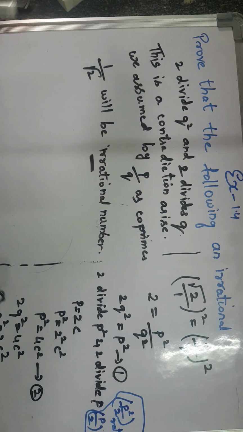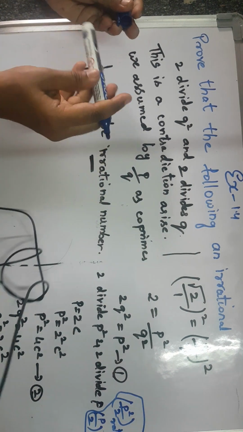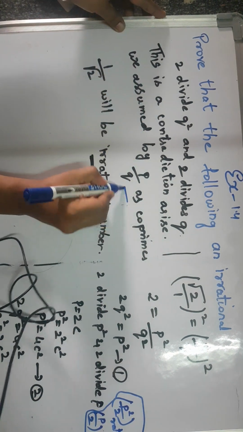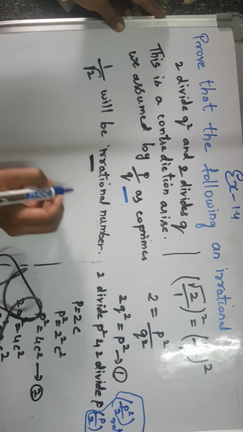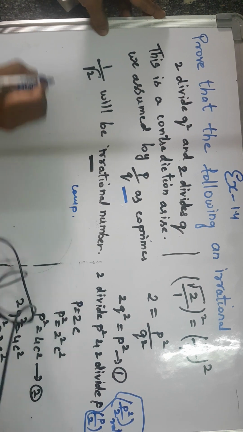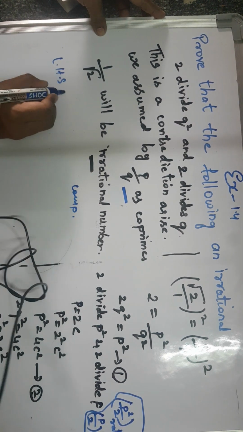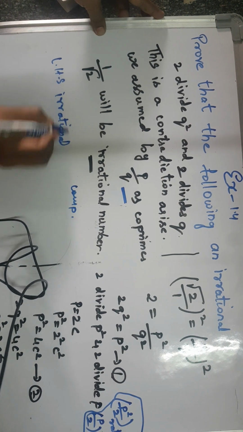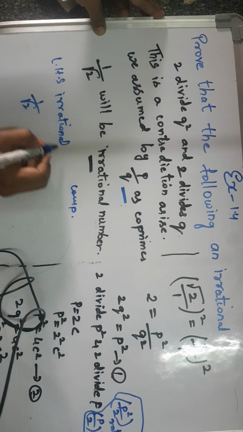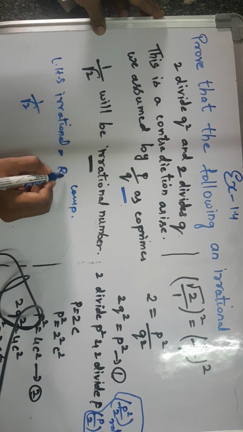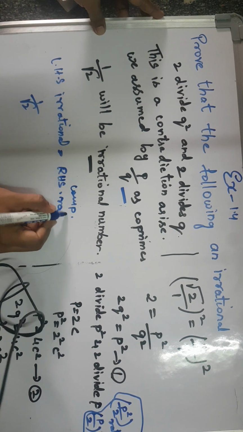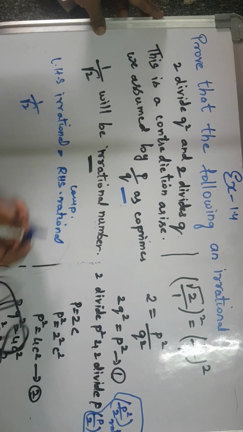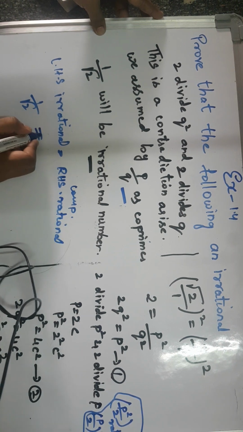I'll explain this briefly. Here we took co-primes, but 2 divides means it becomes a composite number. Then here we have LHS as an irrational number. What is that irrational number? 1 by root 2. But here RHS becomes a rational number.